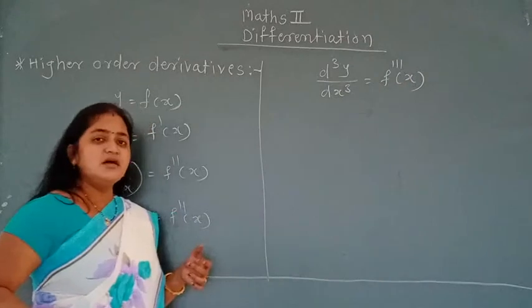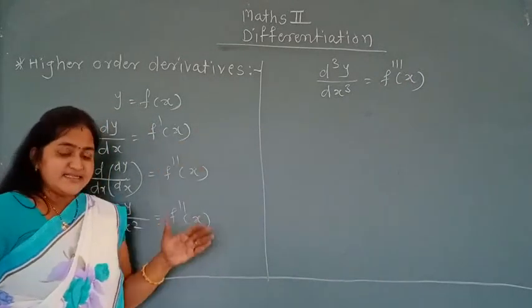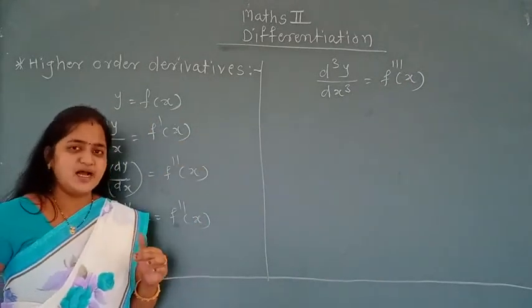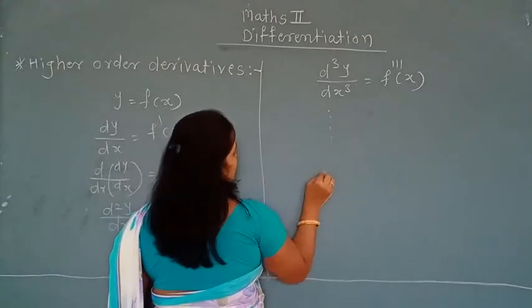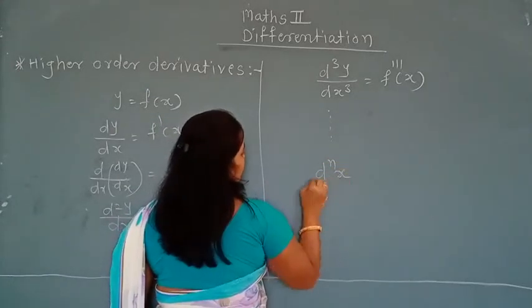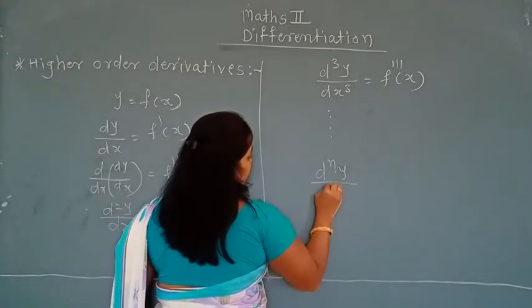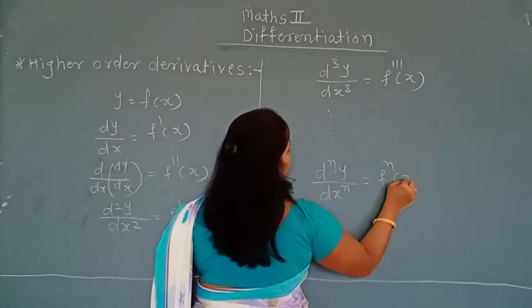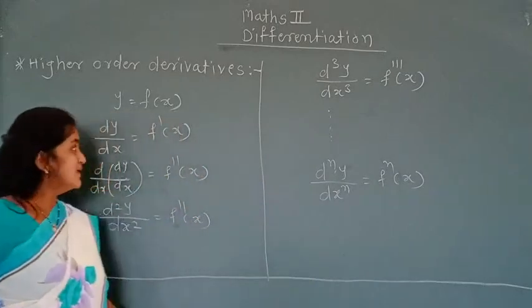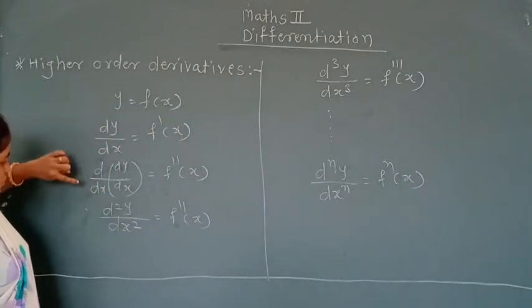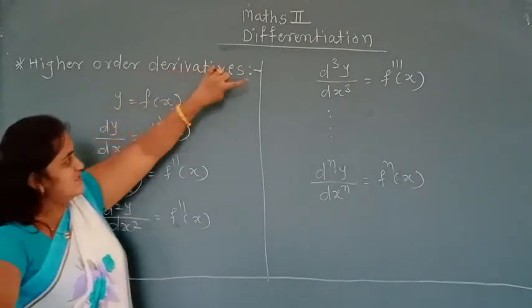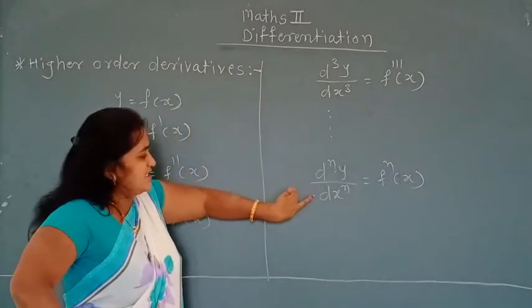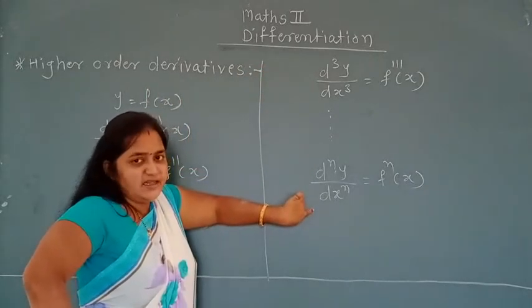In this way we can find the nth order derivative, that is d raised to n y by dx raised to n is equal to f raised to n of x. This is the first order derivative, this is the second, this is the third, and so on up to the nth order derivative.